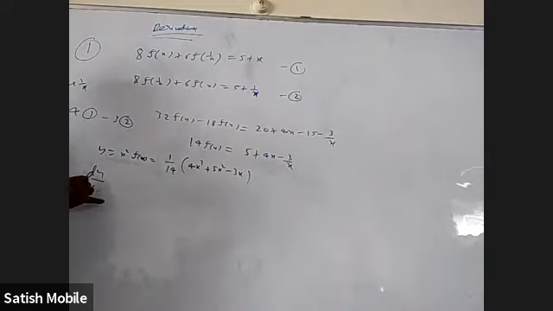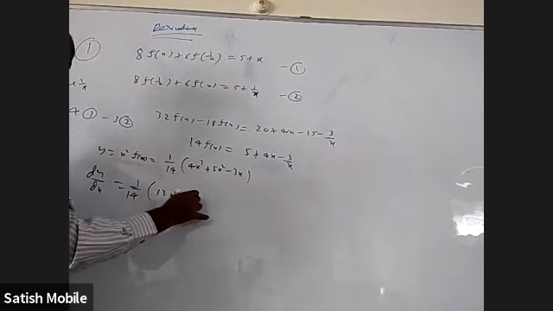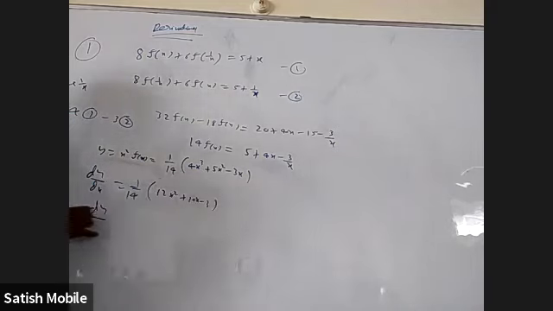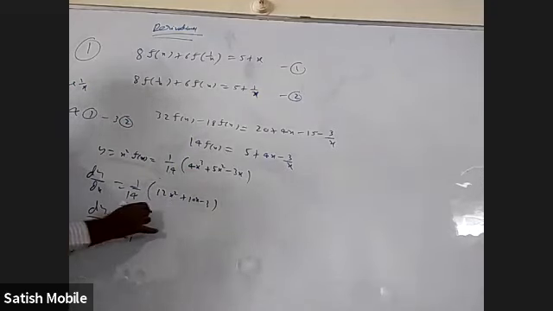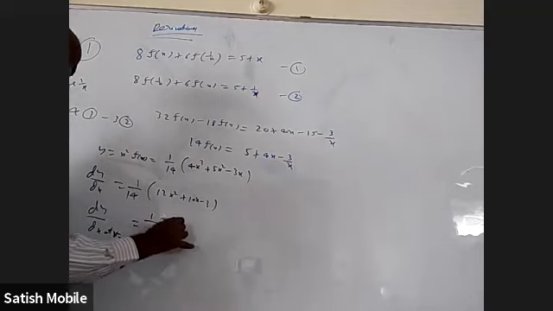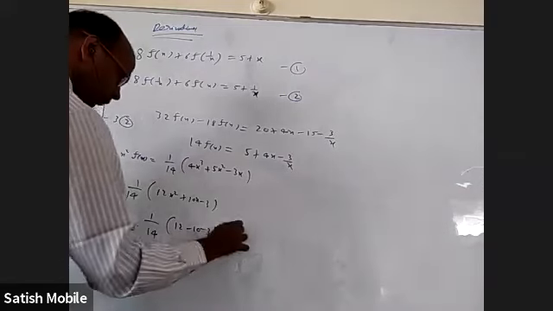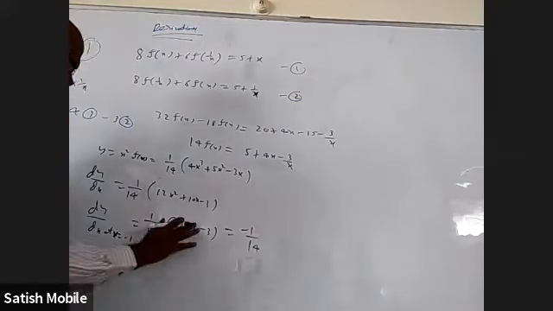So what is dy by dx? 1 by 14, 12x square plus 10x minus 3. If you want dy by dx at x equal to minus 1, 1 by 14, 12 minus 10 minus 3, minus 1 by 14.